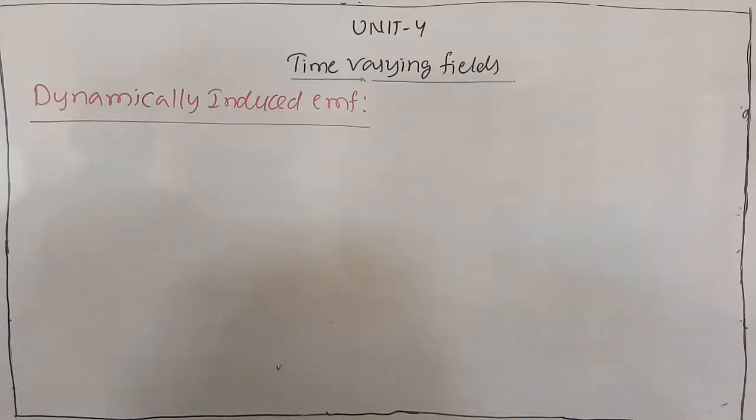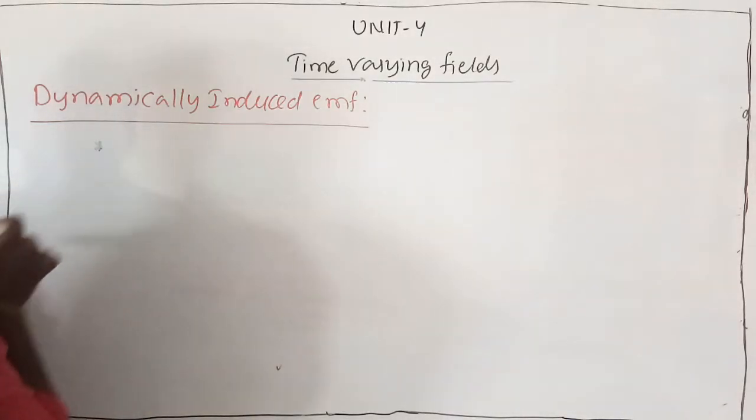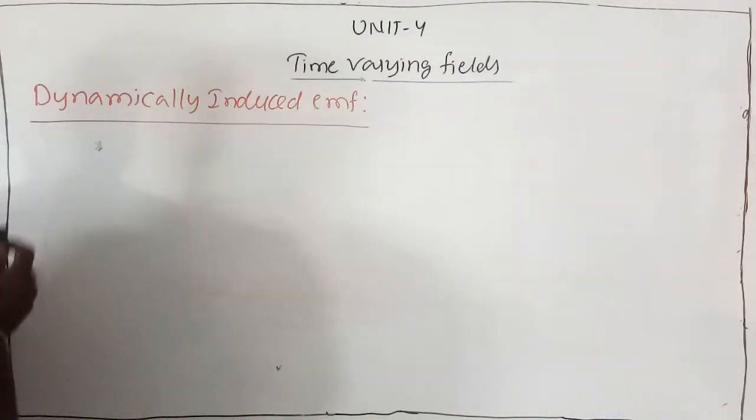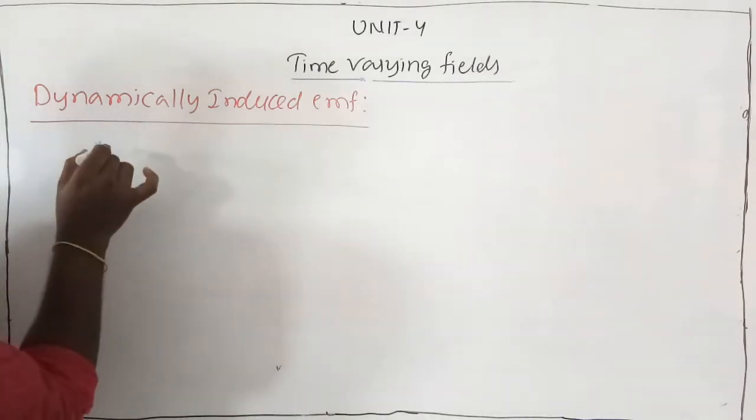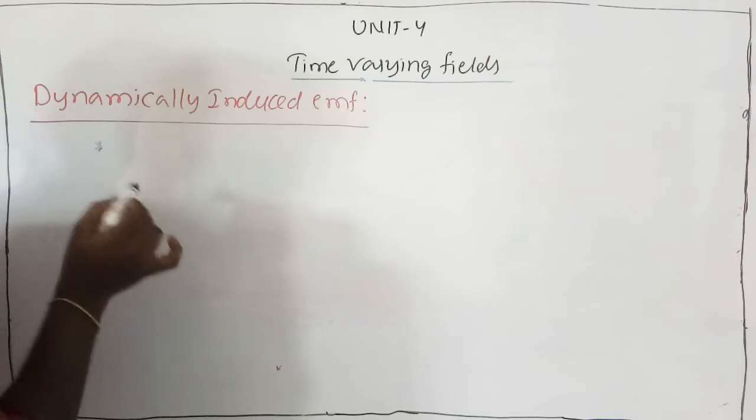We already know the basic requirements to induce EMF inside the conductor. What are the basic requirements? It is already known to you. The basic requirements to induce EMF inside the conductor are 3.